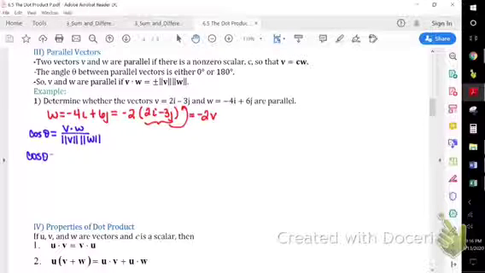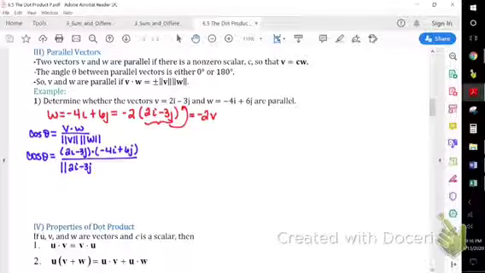So let's find that angle. Cosine of theta is equal to vector v, which is 2i minus 3j, dot vector w, which is negative 4i plus 6j, over the magnitude of vector v times the magnitude of vector w.